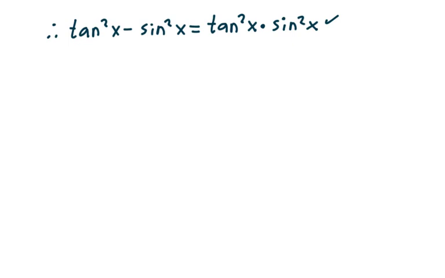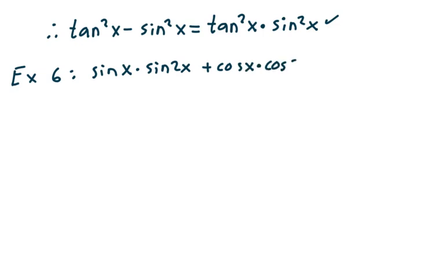Let's see if we can do one more for this video here. Let's call this example 6. And in example 6, we have the following. Okay, so let's do this one. So sine x times sine 2x plus cosine x times cosine 2x.